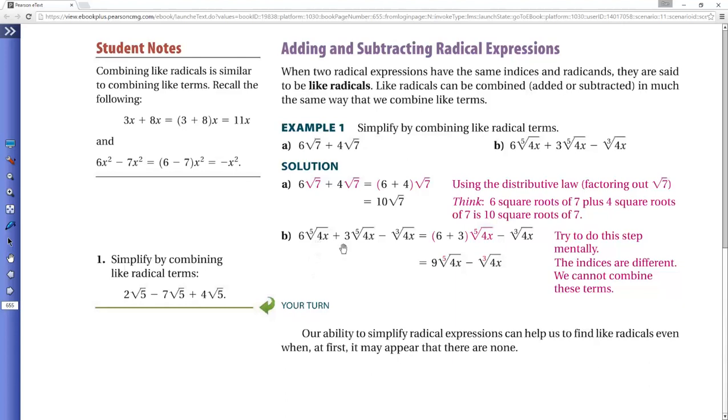We can group these two together using the associative property, then use the distributive property, and say this is the same as 6 plus 3 all times the fifth root of 4x. We end up with 9 times the fifth root of 4x minus the third root, or cube root, of 4x. So make sure that your exponents, or your radical indexes, are right here.